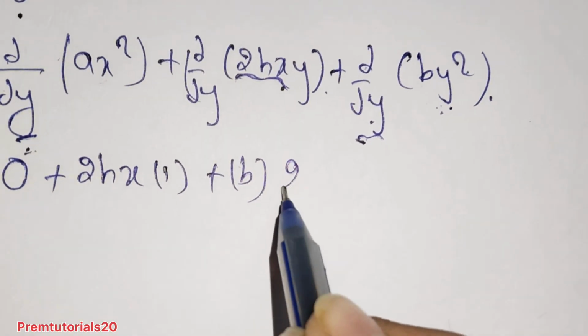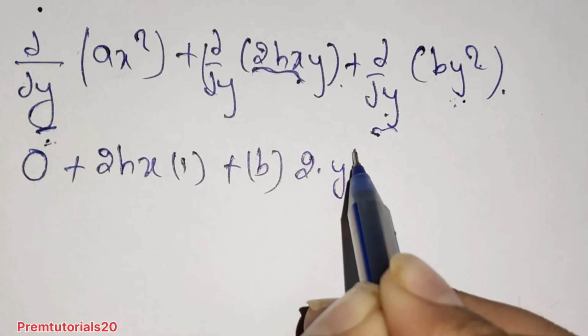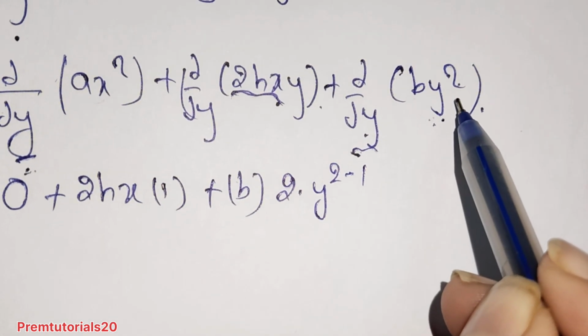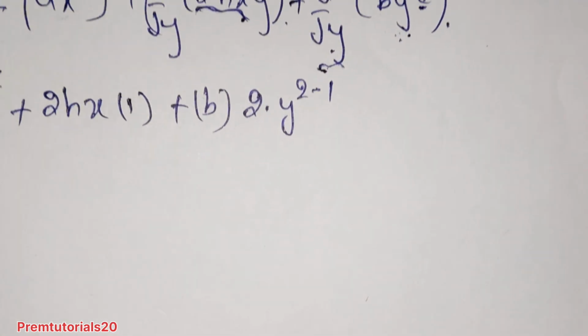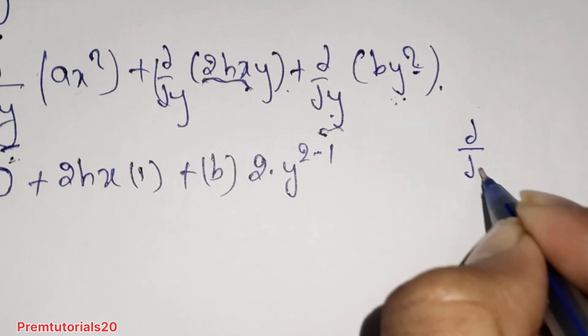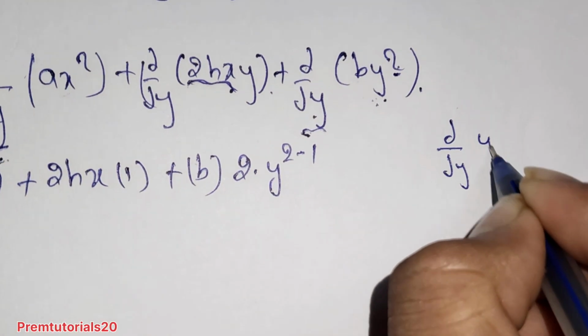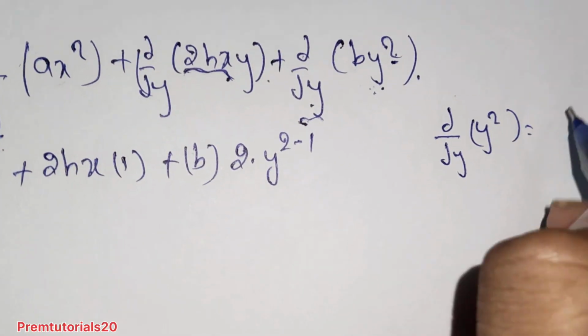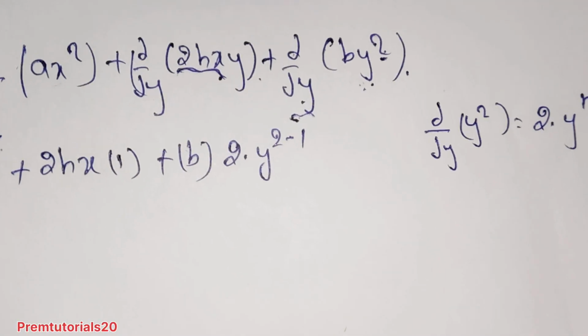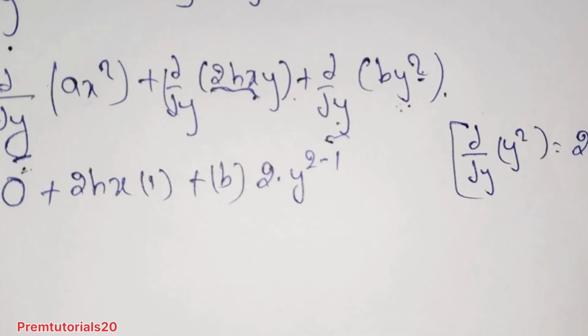So we get 2 into y power 2 minus 1, that means in the place of n we have 2. So dou by dou y of y square equals 2 into y power n minus 1. Do you get the clarity here?